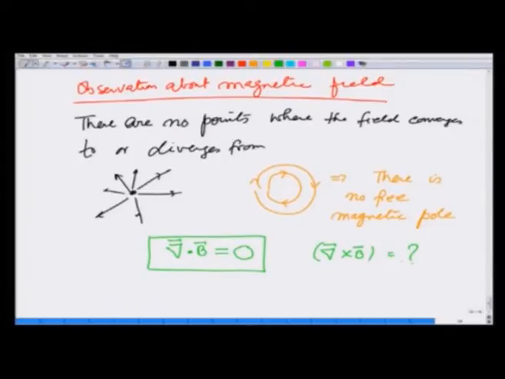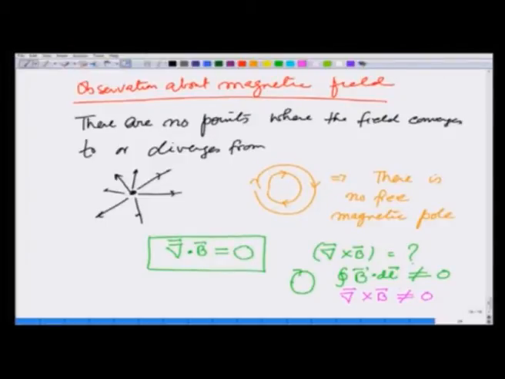Again, if I look at the lines, it appears that they never close on themselves. If certain field lines do not close on themselves, that means that B dot dl will not be 0, and therefore, by Stokes' theorem del cross B may not be 0.